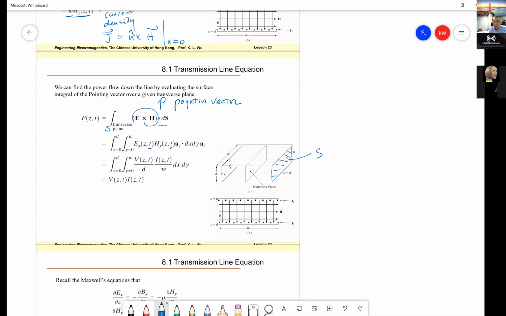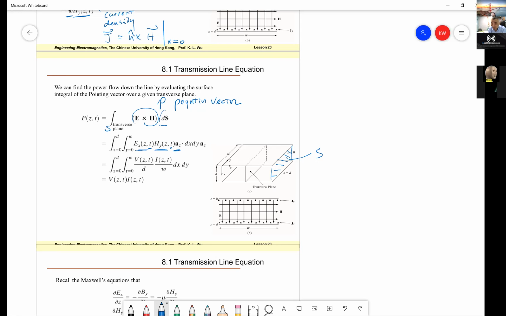Then we know the electrical field symbolically, right? E cross H: E is in the X component, H is in the Y component. So E cross H is E_x multiplied by H_y, and the direction is in the Z direction.